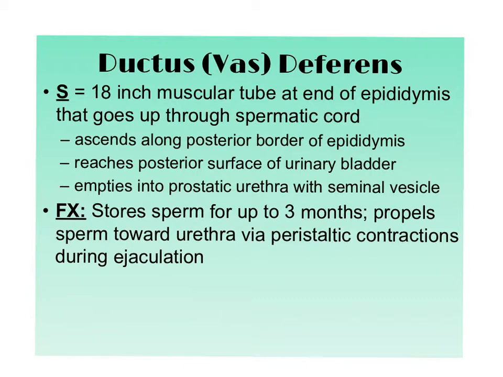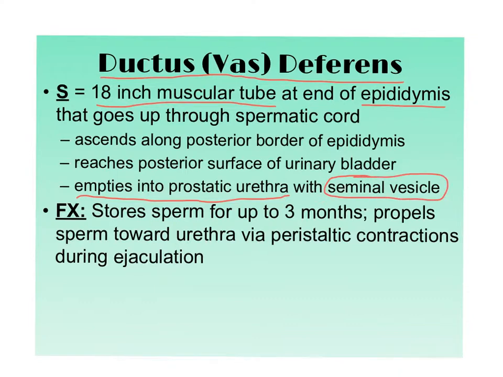Now from the epididymis, you next have the ductus or the vas deferens. It's also a very long 18-inch muscular tube that stretches from the epididymis and will go all the way. It empties into what's called the prostatic urethra. So it's basically the part of the urethra that's in between the prostate gland. It's going to mix with other fluids which are provided by the seminal vesicles, which we're going to go over a little later.